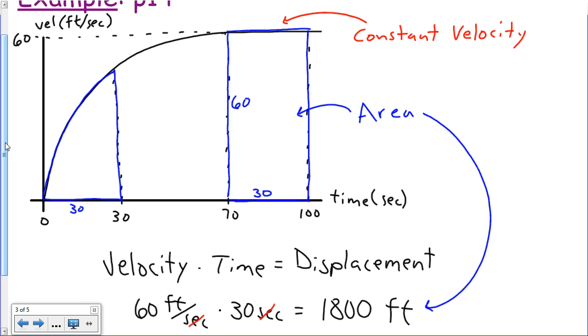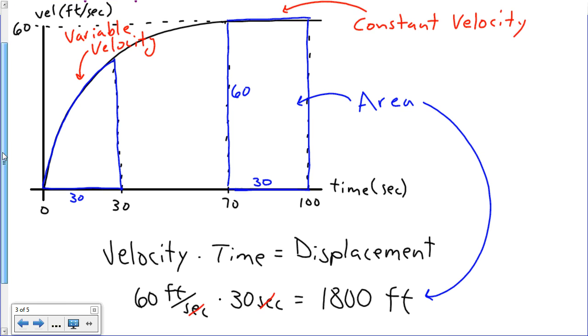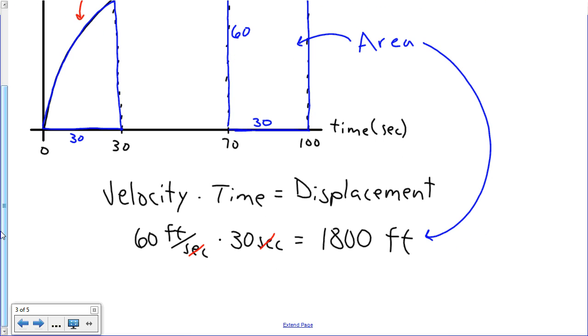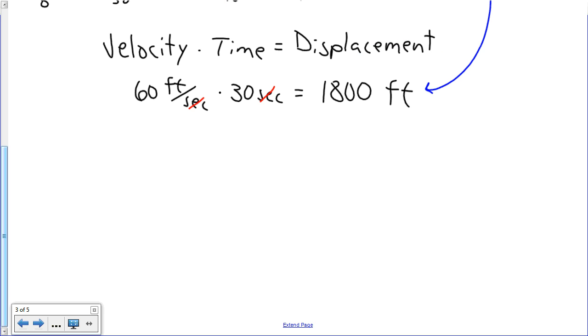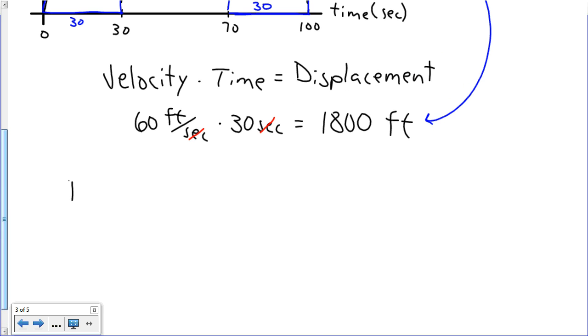The difficulty is the fact that this is a variable velocity. But in either case, the definite integral would tell me the displacement. And it turns out that the definite integral is actually the product of your x's and y's. And we'll just make a note of that.